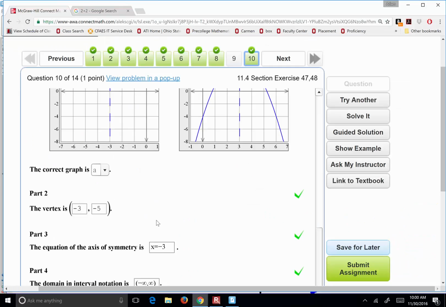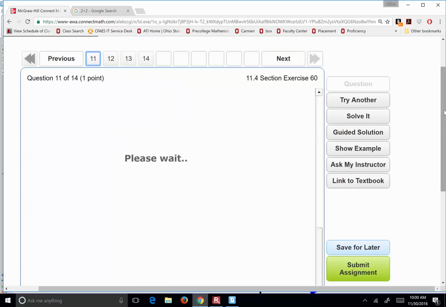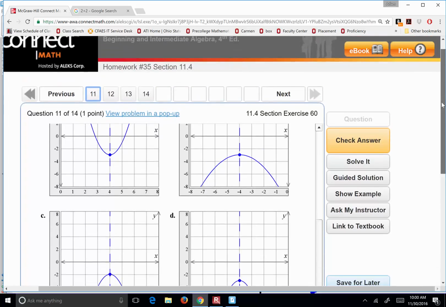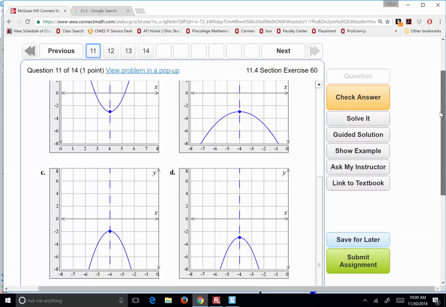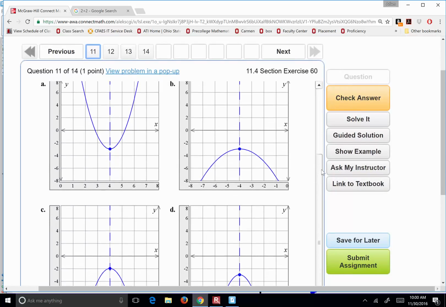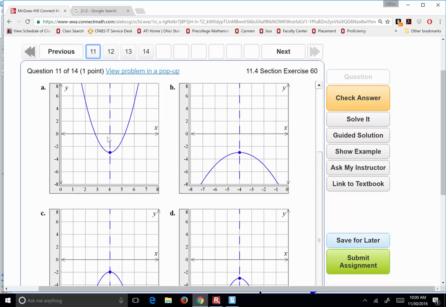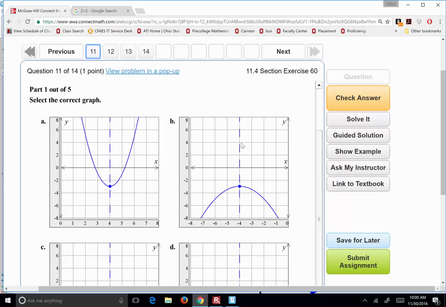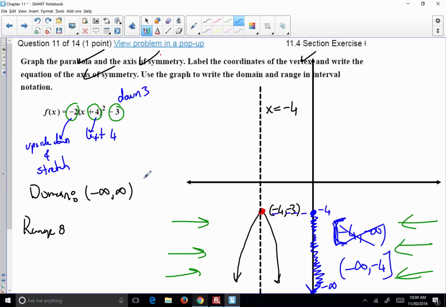Alright, let's move all this to the question. Which one is the right option? This one sitting right on the center, wrong. This one is also, no, this is minus 4. Sorry, this is 4. So just find the vertex and you're done. What's the vertex location? Minus 4, minus 3.